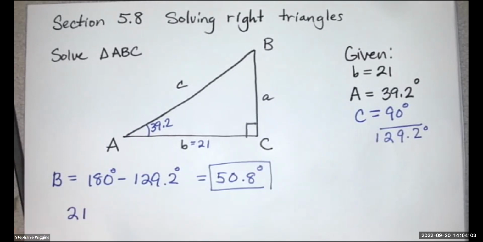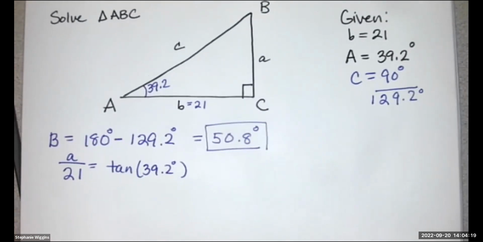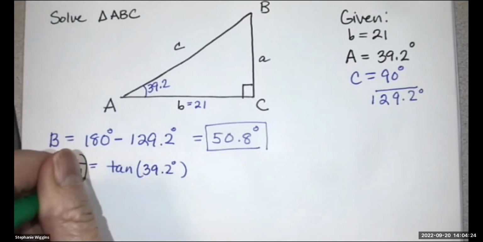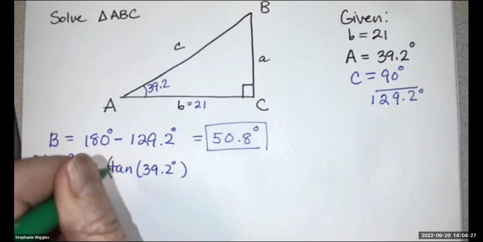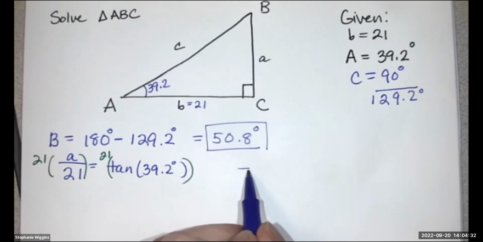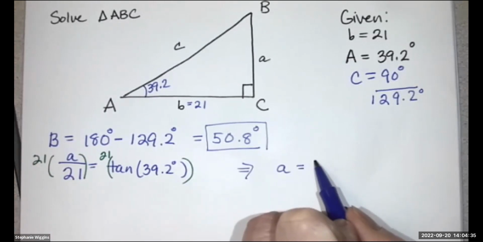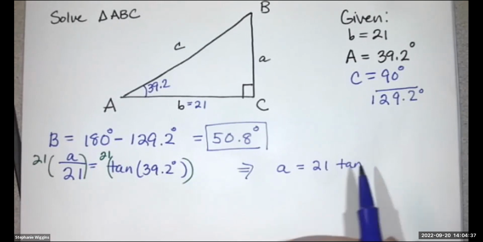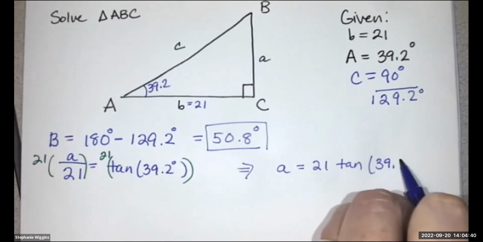So a over 21 equals tangent of 39.2 degrees. Now we can solve this. We just multiply both sides by 21, and we get a equals 21 times tangent of 39.2.